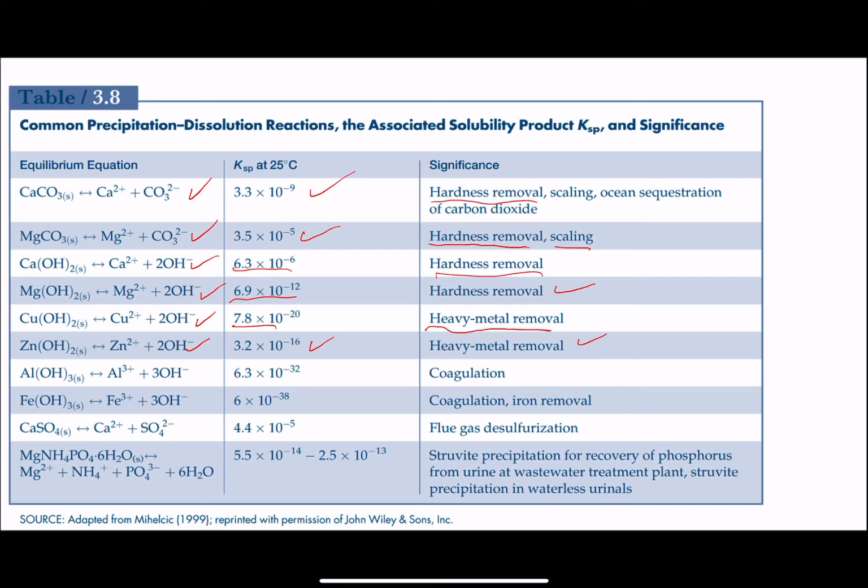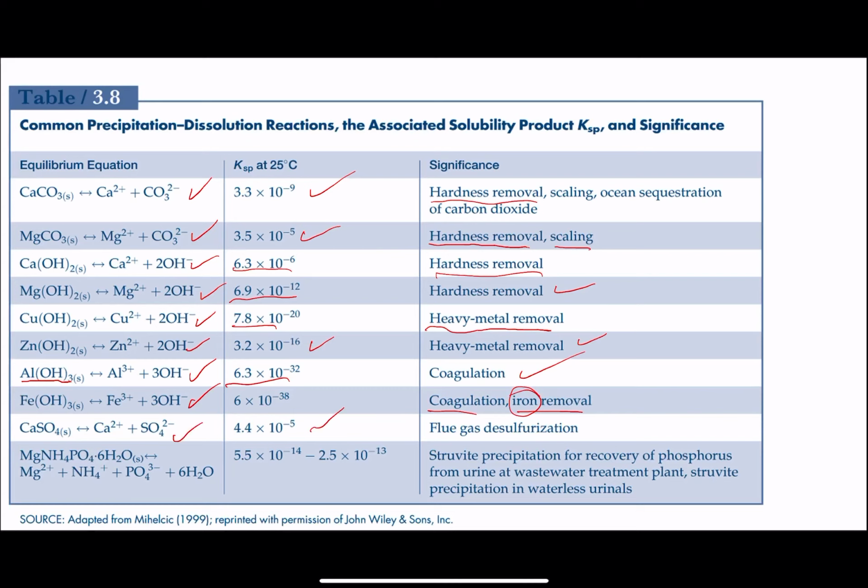This one is famous, AlOH3 solids. This has a KSP, and this we could call it coagulation. You will see this in the lab. FeOH3 solids, this is also for coagulation and iron removal, if you have iron in water. CaSO4 solids is also another KSP.